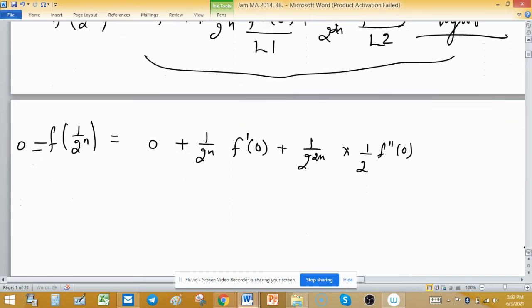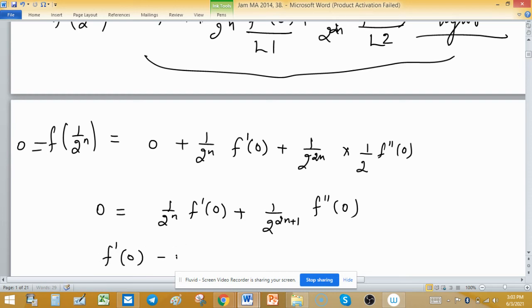So what we have is 0 is equal to (1/2)^n f prime 0 plus (1/2)^(2n+1) f double prime 0. On comparing both sides, the coefficient of f prime 0 is 0 and f double prime 0 is 0.